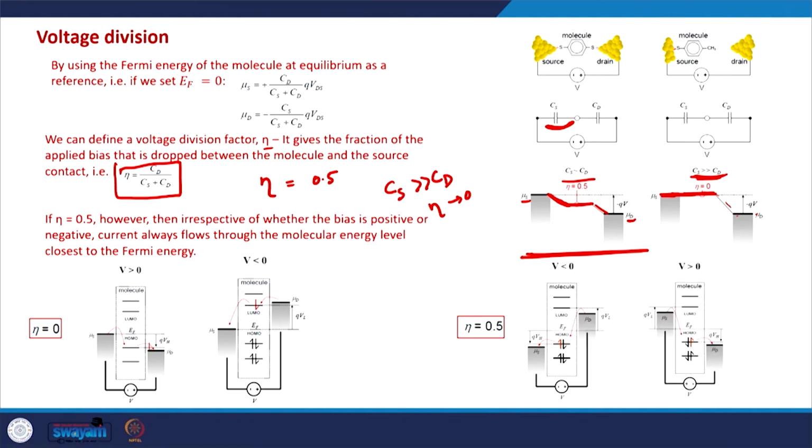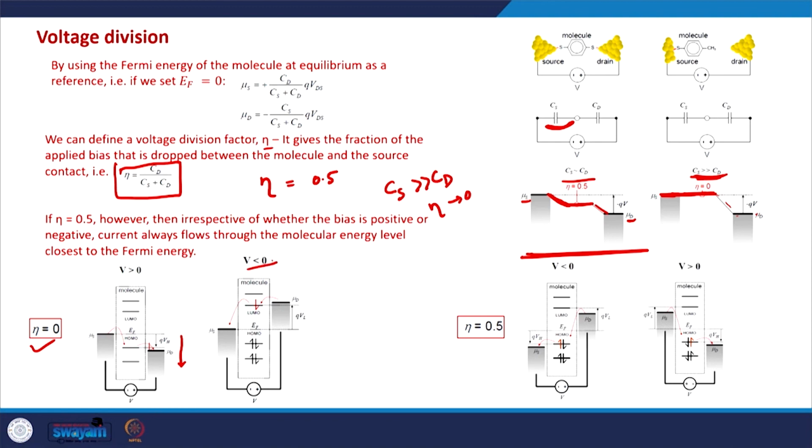So if the applied voltage is positive, the drain Fermi level will be below the source Fermi level, and the electron transfer will happen from the source to the drain side via the HOMO in this case. This is the eta equal to 0 case, because E_F is still at the mu_S level.